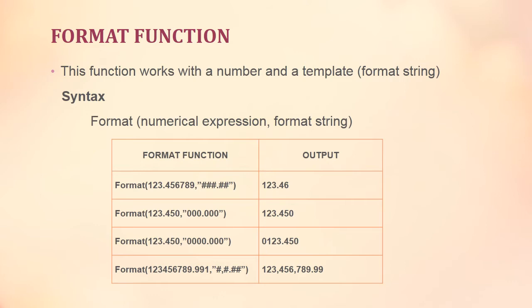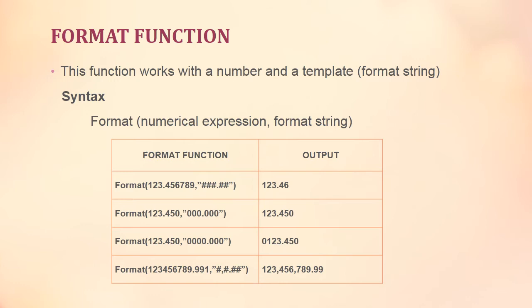In the second example, the format is that we need 3 numbers to the left of the decimal and 3 numbers to the right of the decimal. So it is formatted to that specific format. In the third example, towards the left of the decimal we have 4 zeros and towards the right 3 zeros.